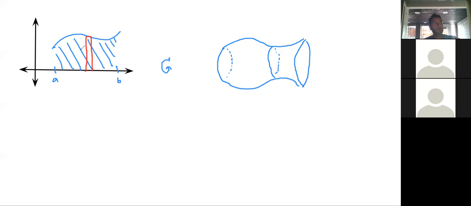So if I think about that red rectangle, what happens to that as it rotates around? Well, the bottom of it stays fixed and it rotates around, and what it does is it creates this circular disc.